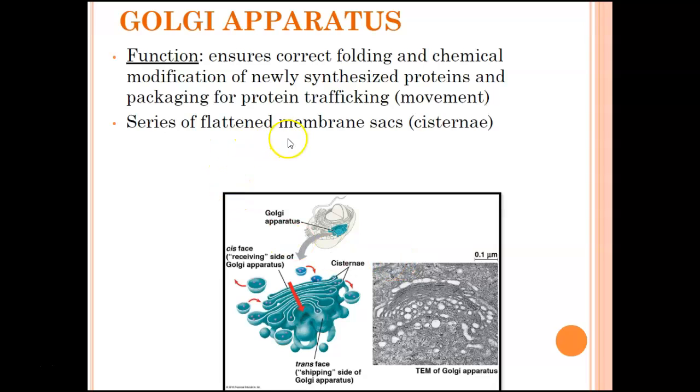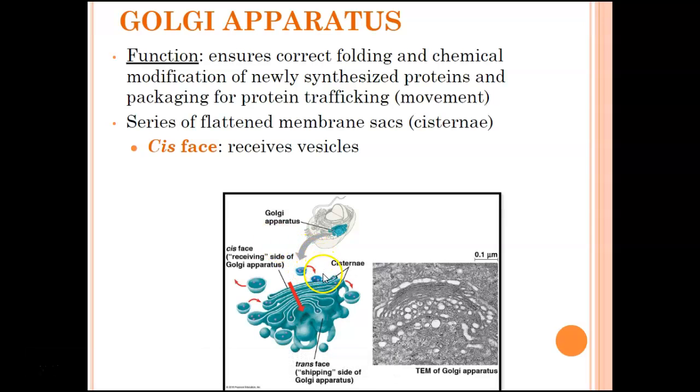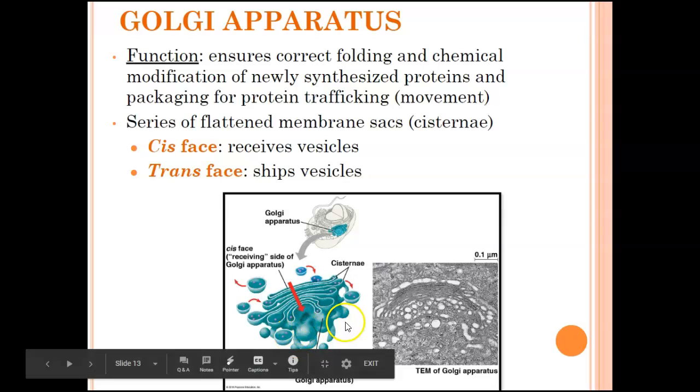These are also flattened membrane sacs. The biological term for them is cisternae. An important distinction between the two sides of the Golgi apparatus: the cis face is what will receive vesicles and receive polypeptides from the rough ER, and the trans face will be on the opposite end of the Golgi and will export out folded proteins.